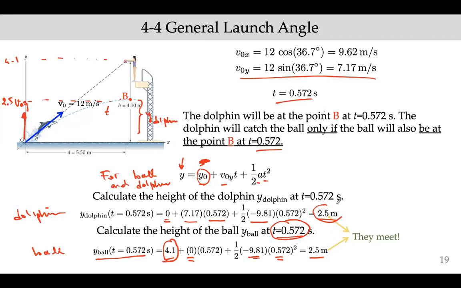As you can see, they are the same. So for the same time, they are at the same position, and that means they are going to meet at point B. So in this exercise, we proved by calculations that the dolphin and the ball will meet at the same point.